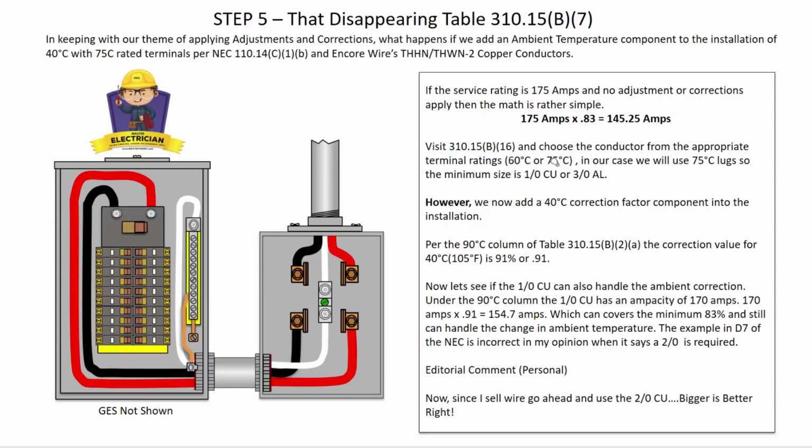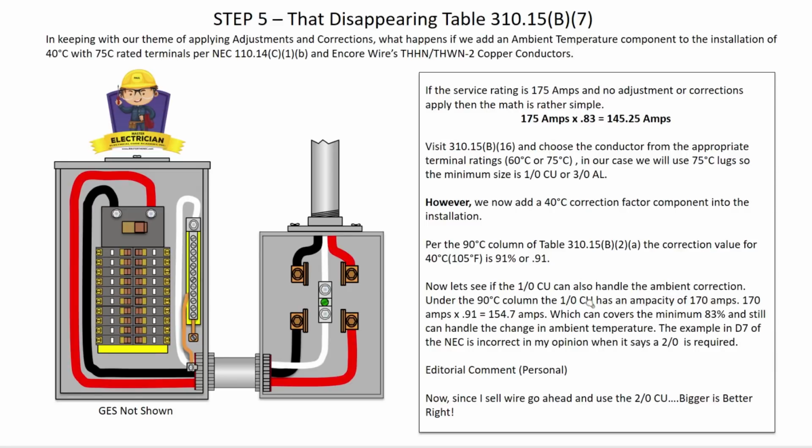145.25 amperes. All right, and we already did that. We determined we needed a 1/0 copper or 3/0 aluminum. However, now that we have a 40 degrees C application, in this case, 90 degrees C terminals can be used for adjustment and correction. So what we do is we've got to find a conductor under the 90 degrees C column that can handle the actual load, which is the service rating, okay?